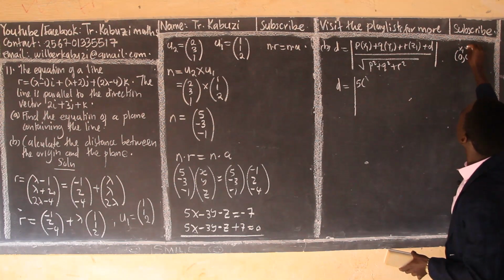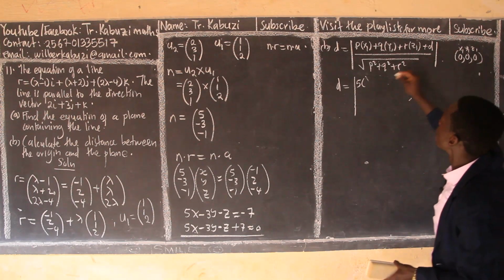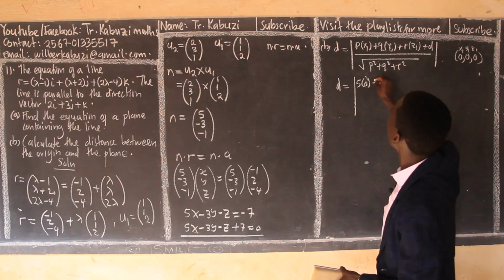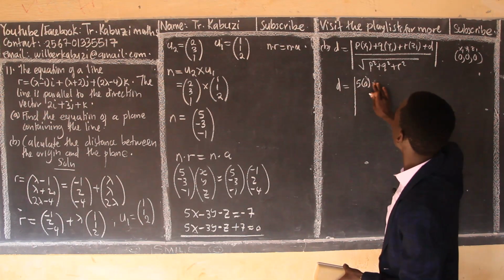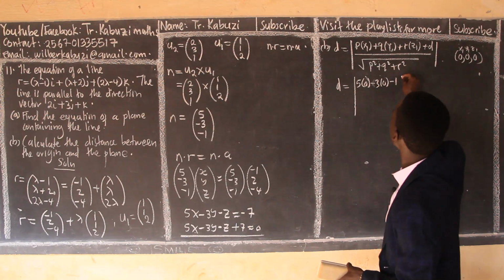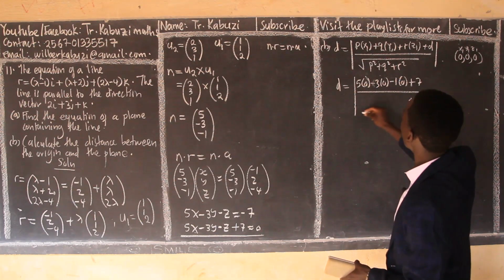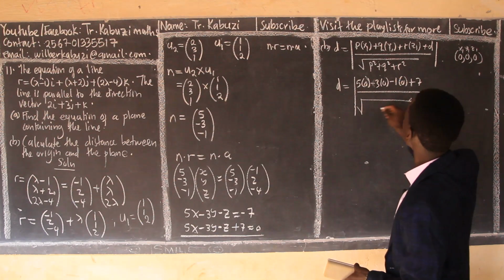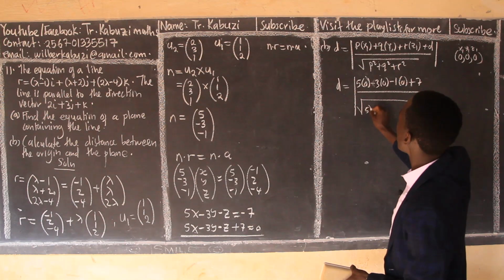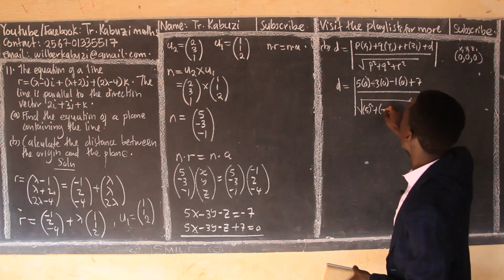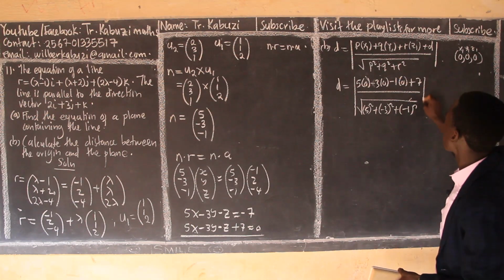So 5 times 0, minus 3 times 0, minus 1 times 0, then plus our 7, the whole over the square root of 5 squared plus negative 3 squared plus negative 1 squared.